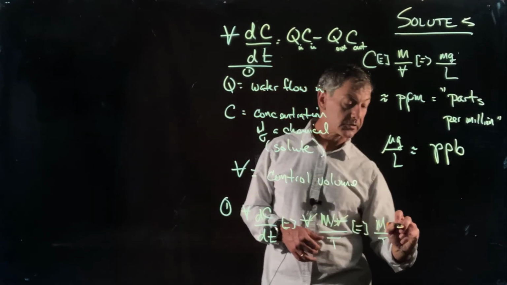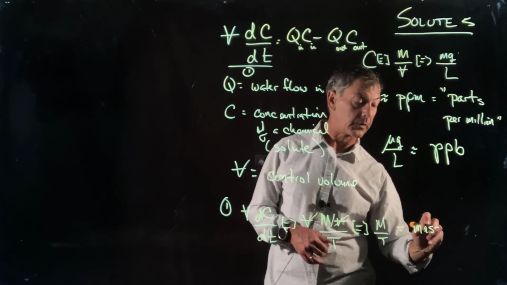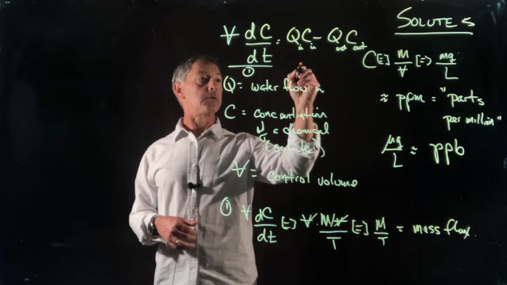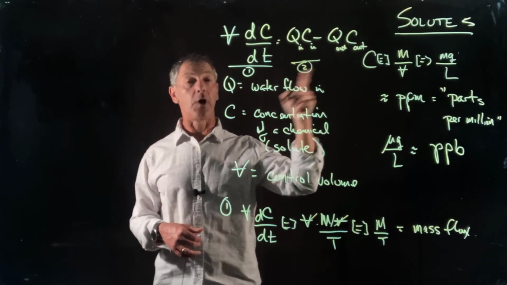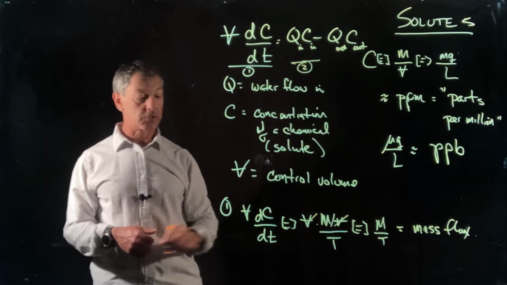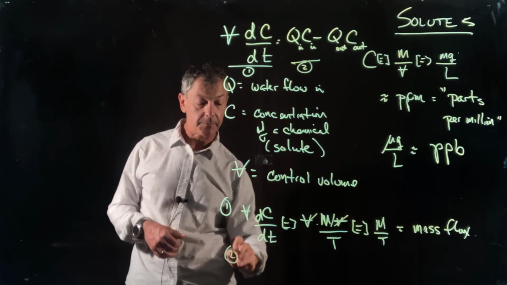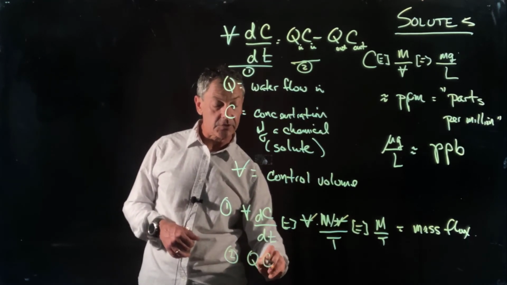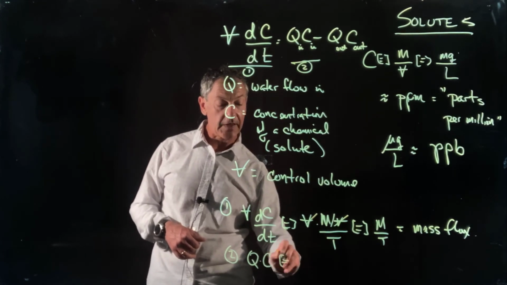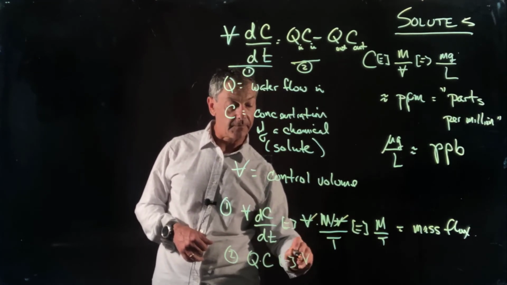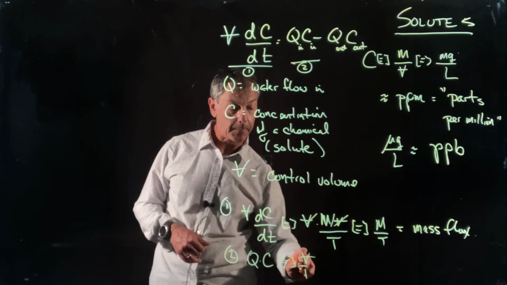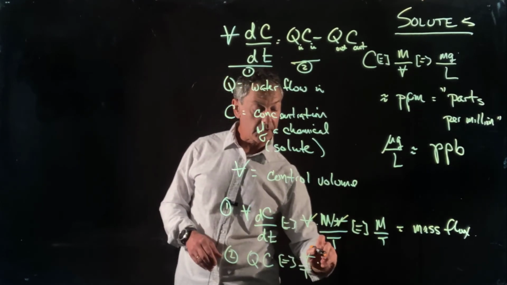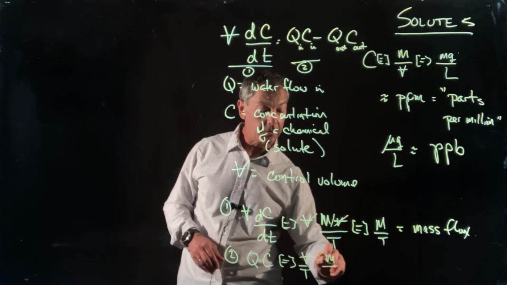And that's a mass flux. And then if we look at this term here, I'm just going to look at one because they're both the same term dimensionally. We have flow rate times the concentration, and that has units of volume per time for the flow rate. And it has units of concentration, which is mass per volume.